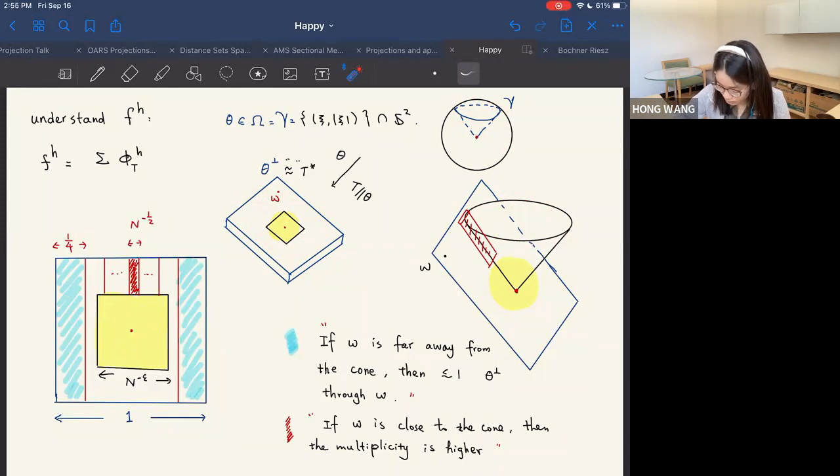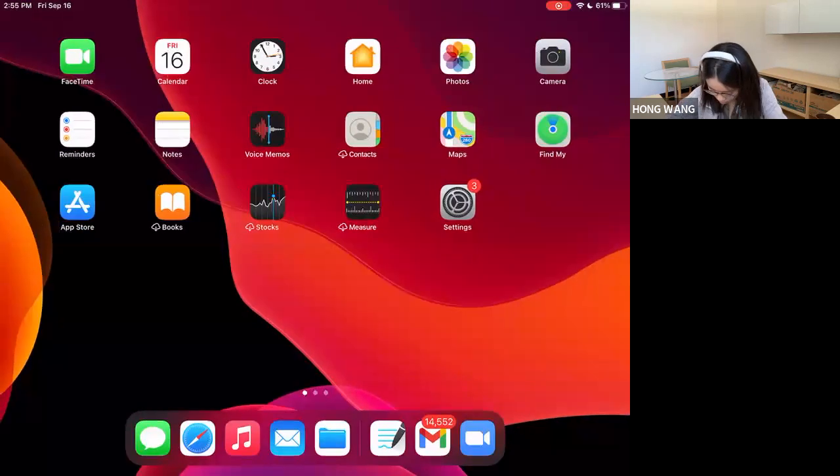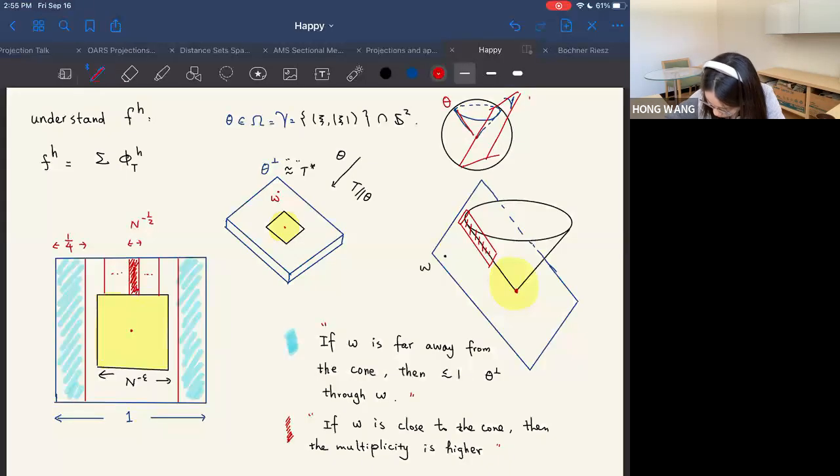So in this picture, when our theta is this one, then the theta perpendicular will also be tangent to gamma. But for general gamma, this is not always the case. The theta perpendicular will be tangent to a different cone.